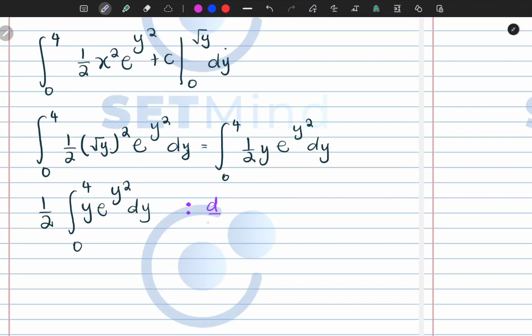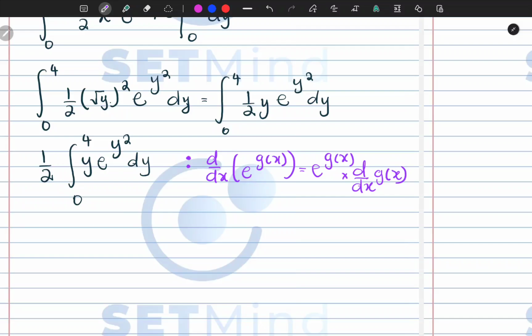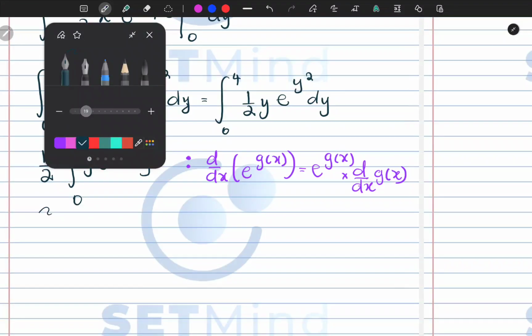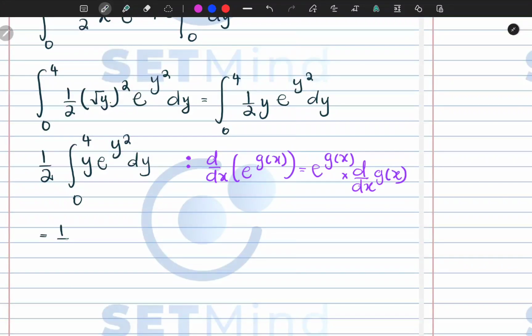So if I'm deriving, as an example, with respect to x, I'm deriving e to the power of g of x, all this will be is e to the power of g of x multiplied by the derivative of g of x, like this. So what I'm able to see is that I can pull out a half, then have the integral here.